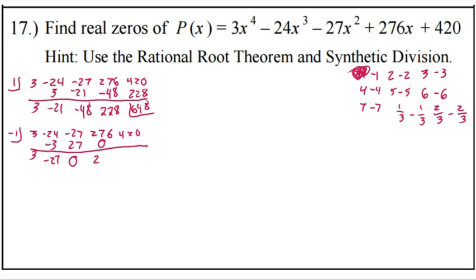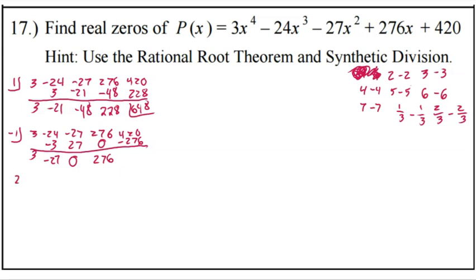Times negative 1 is negative 276. Well, this is like, I don't know, 140 something maybe, 144, I think. But it's not 0, okay? So I know negative 1 is off the list, okay?